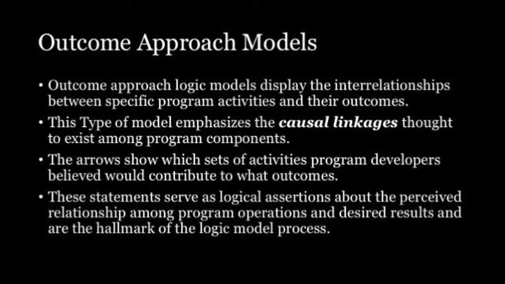This type of model emphasizes the causal linkages thought to exist among program components. These are read from left to right, and the arrows show which sets of activities program developers believe would contribute to what outcomes. These statements serve as logical assertions about the perceived relationships among program operations and desired results.